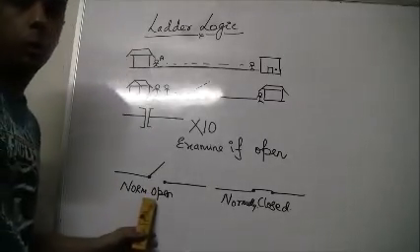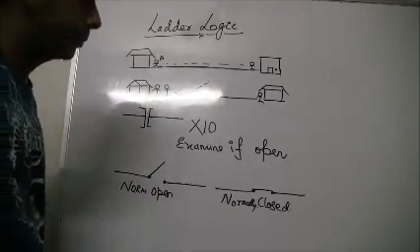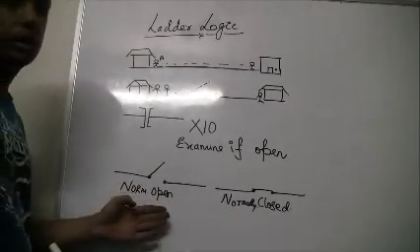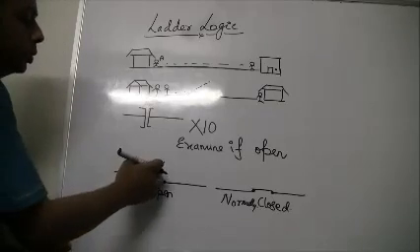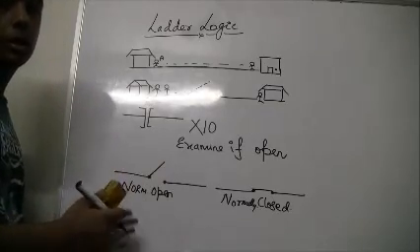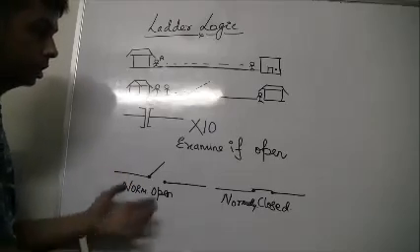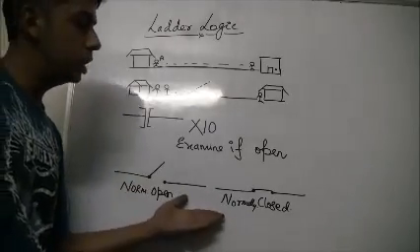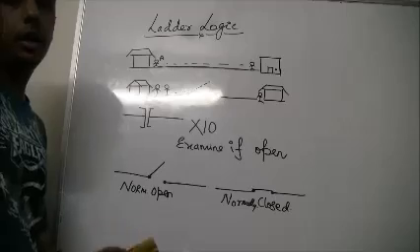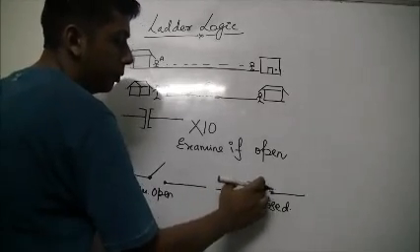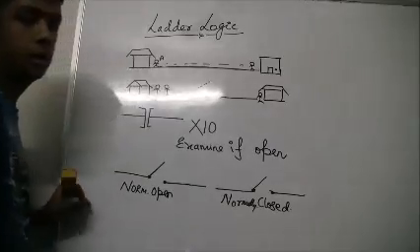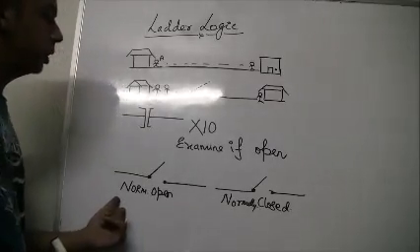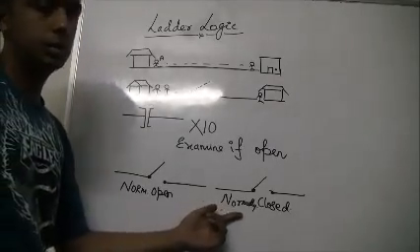What do normally open and normally closed mean? Normally open means that when we don't switch it on, the switch will remain open or the circuit would not be complete. Normally closed means usually it's closed. When we give it an input, it's going to break open the circuit. Right? So that is the meaning of normally open, normally closed.